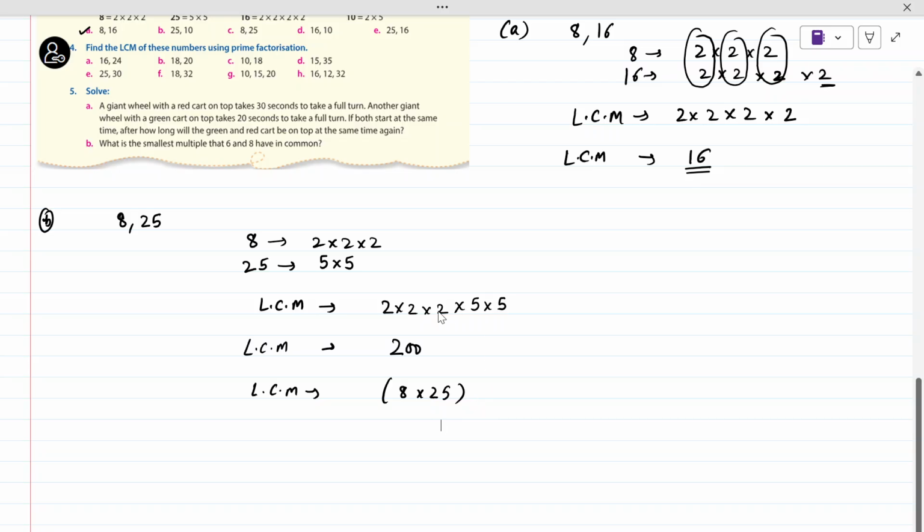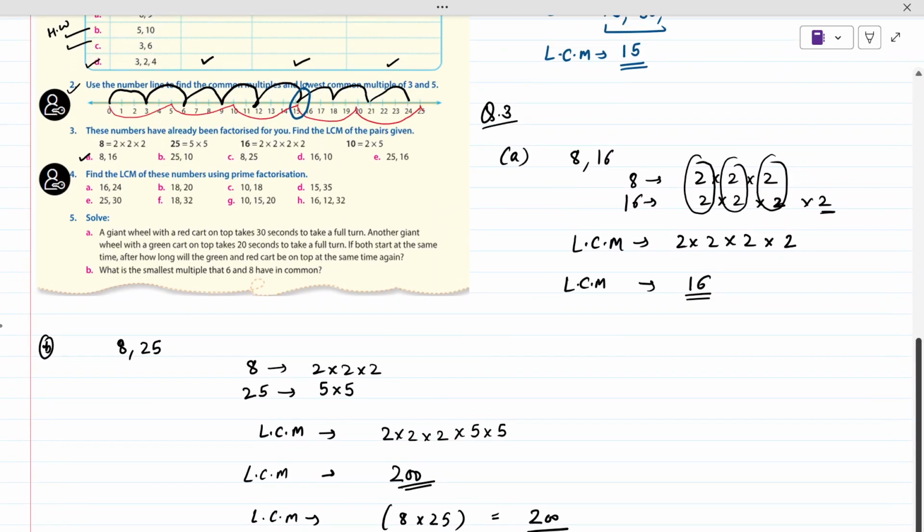And if you see above, we have actually done the same thing here. If we multiply 25 into 8, we will get 200, which is the LCM we just found out. So always remember this. We have done 8 and 25, the C part.